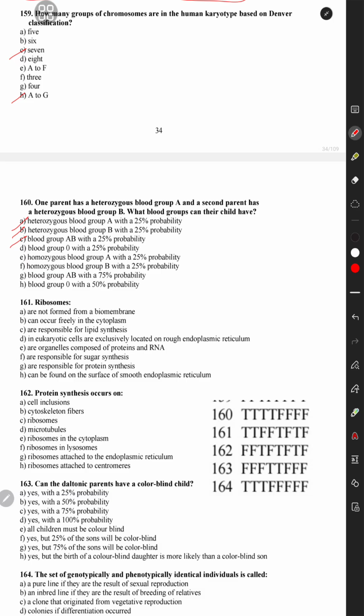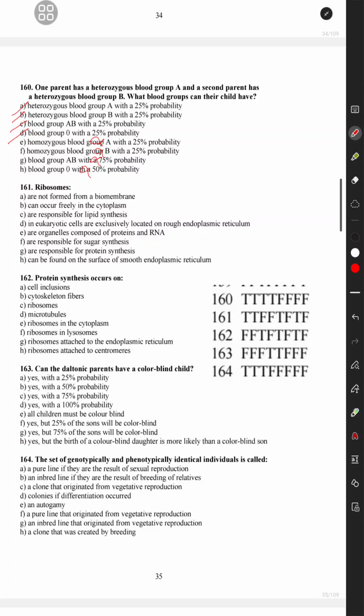AO, BO. Absolutely all 25%. Homozygous blood group A, homozygous blood group B with 25%. No. Blood group AB with 75% probability. No. With 25%. Blood group O with 50%. ABCD.